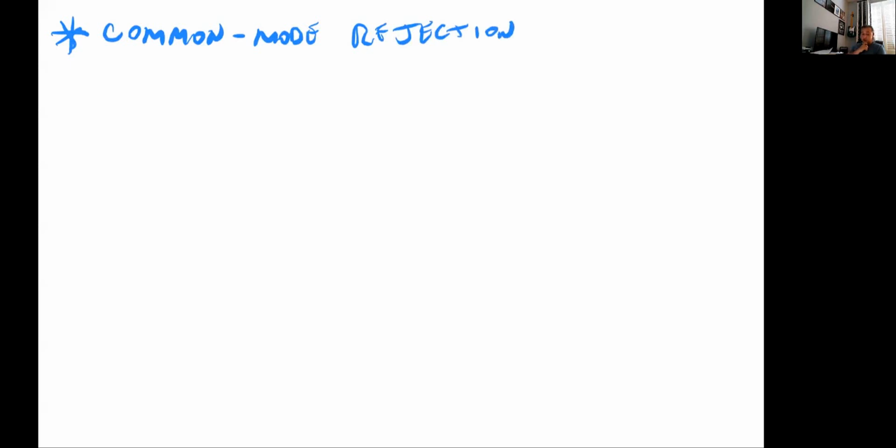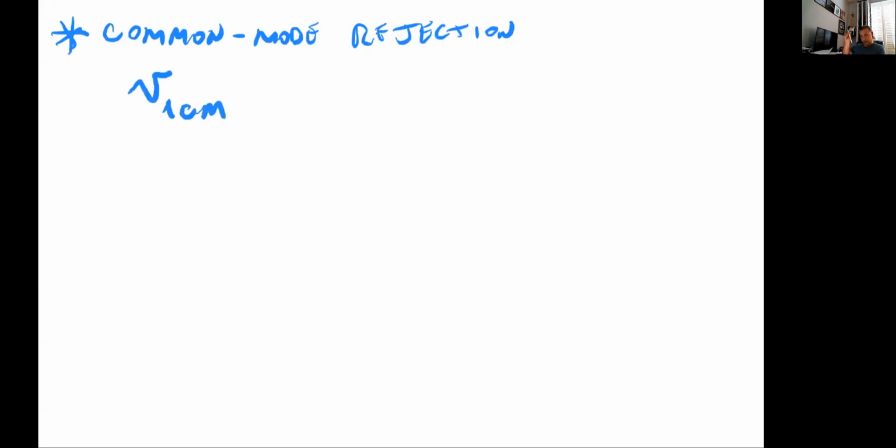The first thing that we're going to do is to define a small signal common mode input voltage. So we're going to say that we have an input voltage that is common mode.